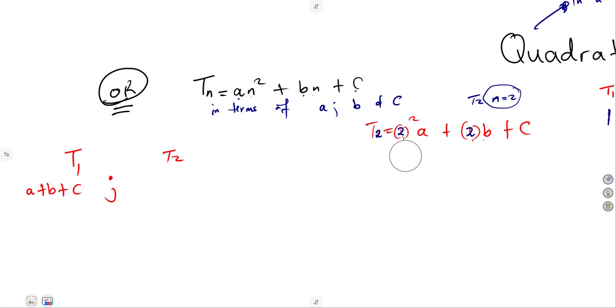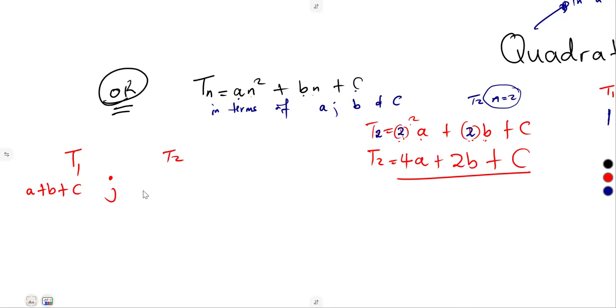If we substitute a 2 in place of n, that's 2 squared, which is 4, times a, which is 4a, plus 2 times b, which is 2b, plus c. All right? So that's our second term. It's going to be 4a plus 2b plus c.